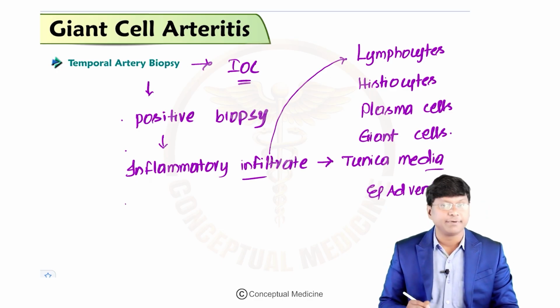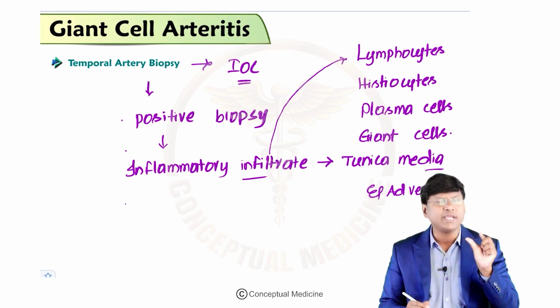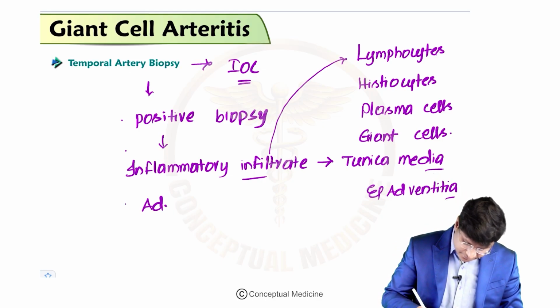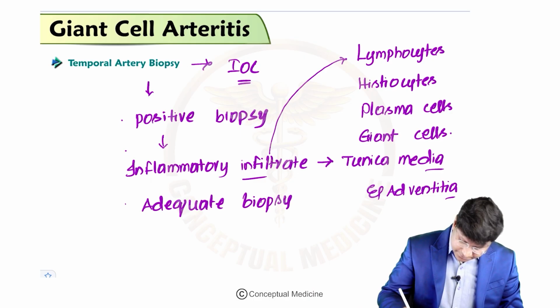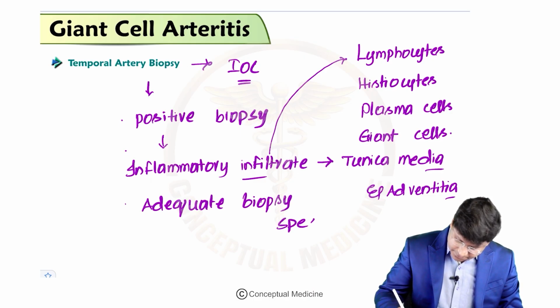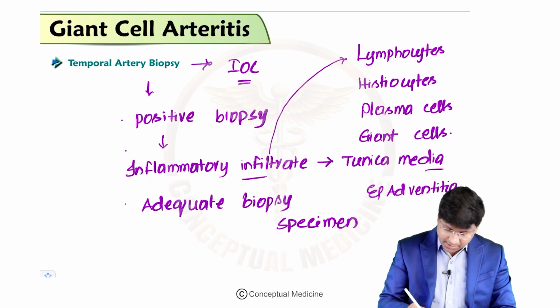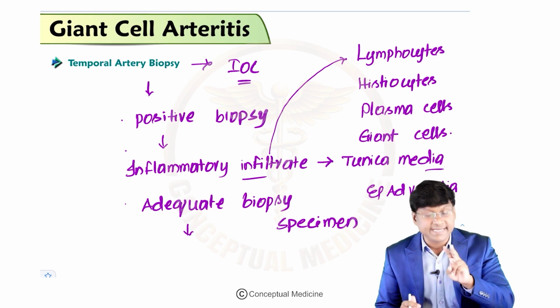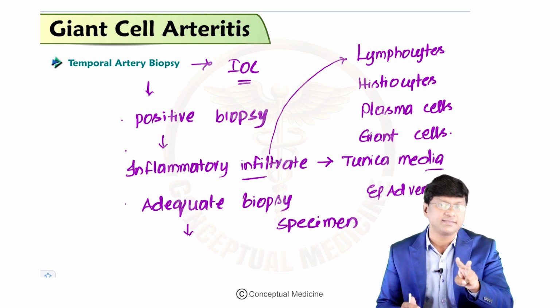And whenever you are taking a biopsy, an adequate biopsy specimen is very much essential. And how much is an adequate biopsy specimen? It should be at least 2 centimeters in length, that is ideal.